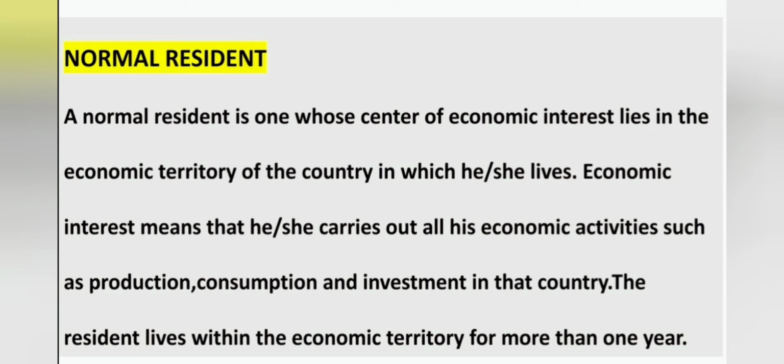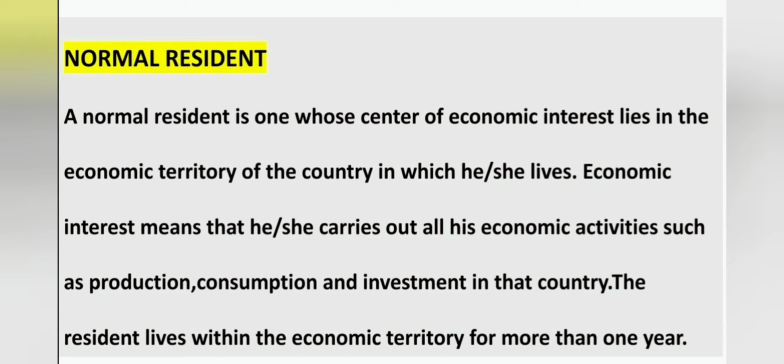The center of economic interest implies two things. The resident lives or is located within the economic territory for more than 1 year, and the resident carries out the basic economic activities of earning, spending, and accumulation from that location. There is a difference between the terms normal resident and citizen.